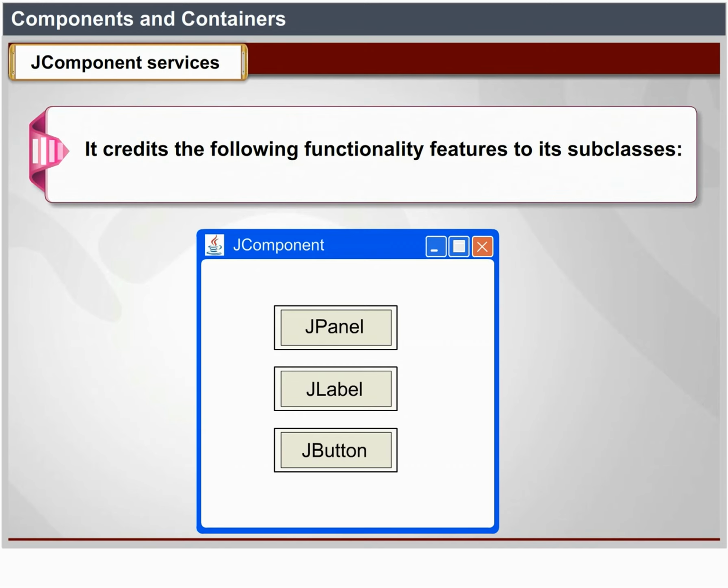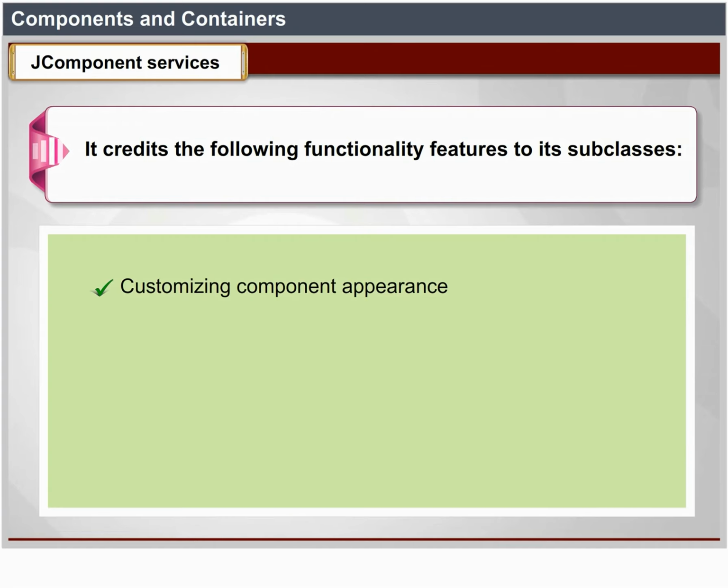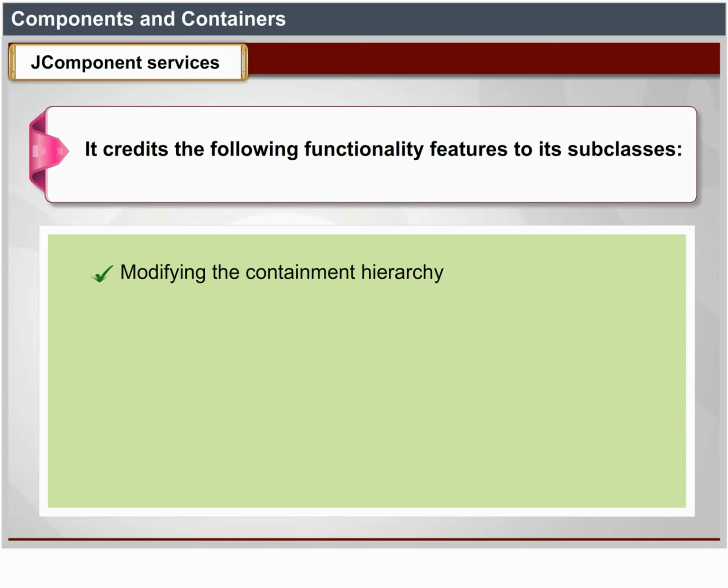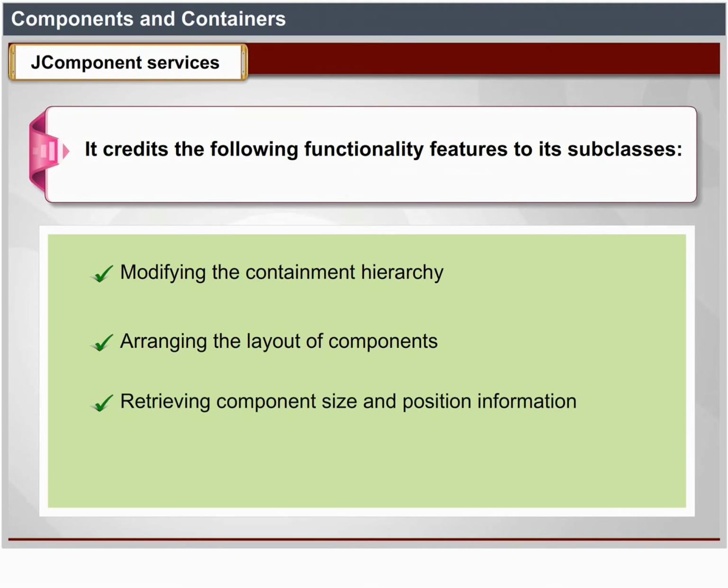It provides the following functionality to its subclasses: customizing component appearance, checking component states, adding event handling, painting components, modifying the containment hierarchy, arranging the layout of components, retrieving component size and position information, text component printing.